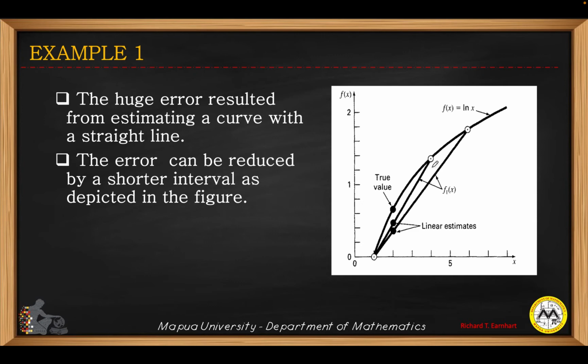Then we try to estimate using linear estimates. The error can be reduced by a shorter interval, as depicted in the figure. This is the original one, and if you reduce the interval, the estimate will be closer to the true value.